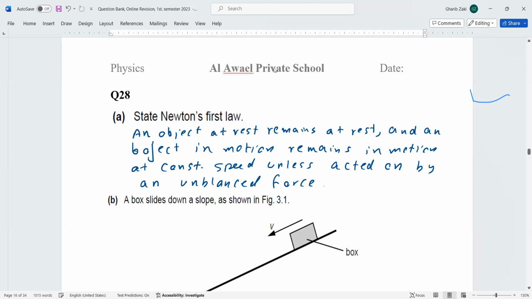Now, next question. Yes, we can do this, Muaz. Every object continues in its state of rest or with uniform velocity unless acted on by a resultant force. Also, this is correct.